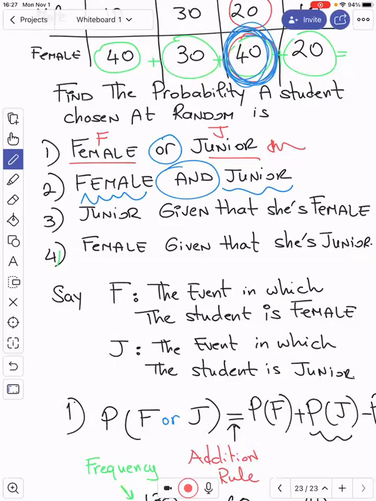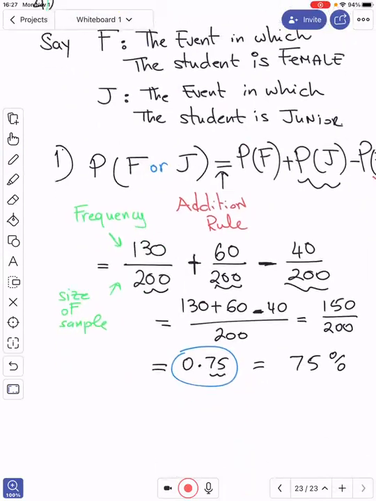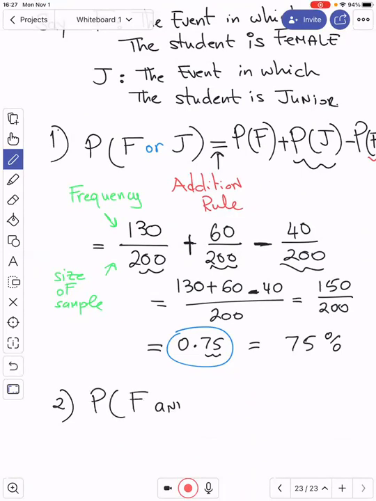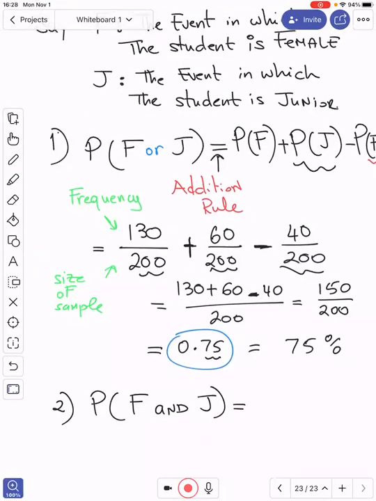So the probability of female and junior. What will be the frequency of the event? How many students in total are female and junior at the same time?